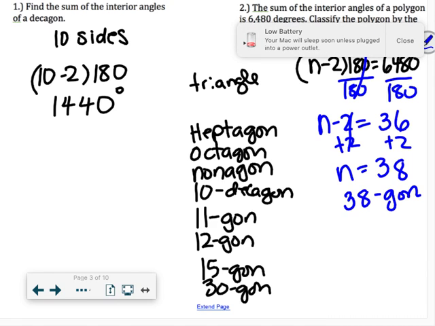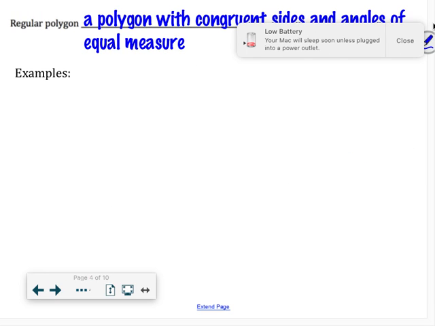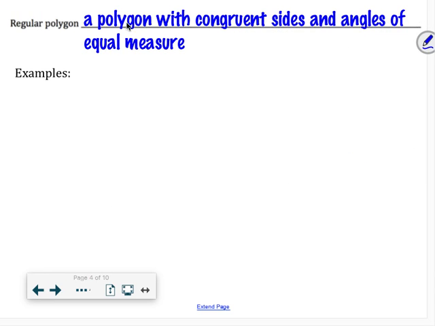Okay? So we already know the definition of a regular polygon. A regular polygon is a polygon with congruent sides and angles of equal measure. So all the sides are congruent and angles are equal.